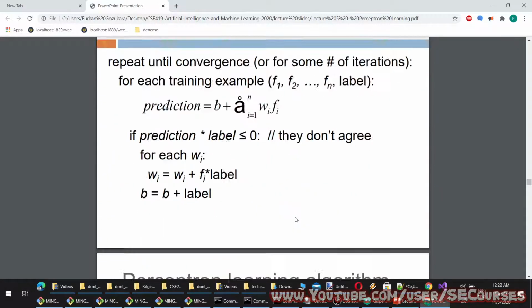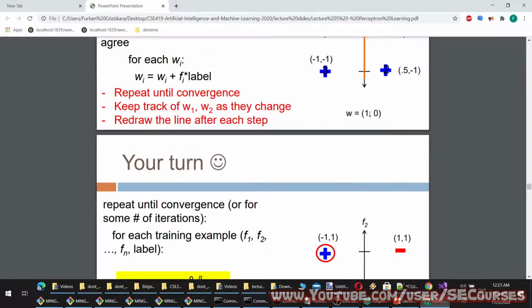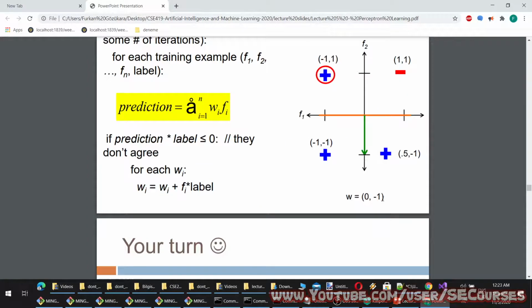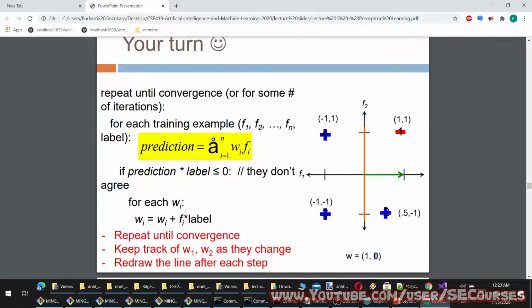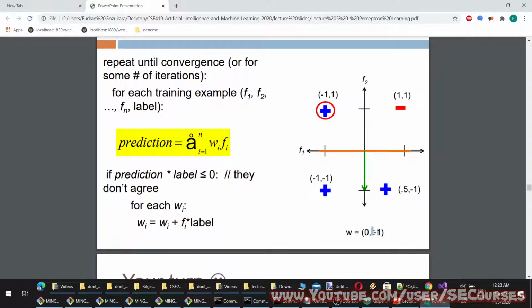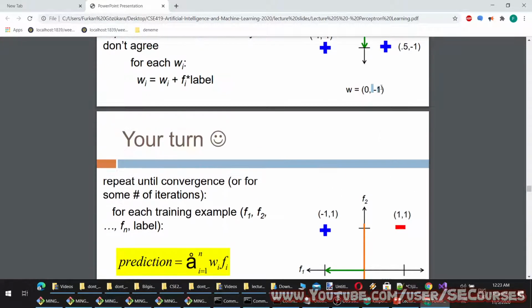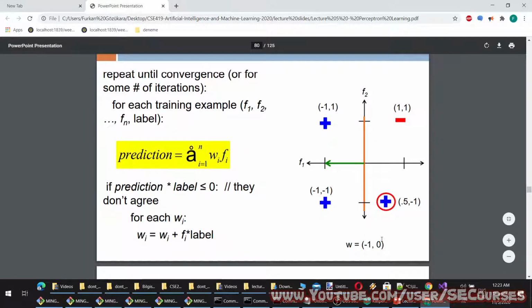Therefore, the weights become 0 because this has been decreased and this has been increased. Oh, this is also increased, yes, from -1 to 0. So we have predicted correctly.